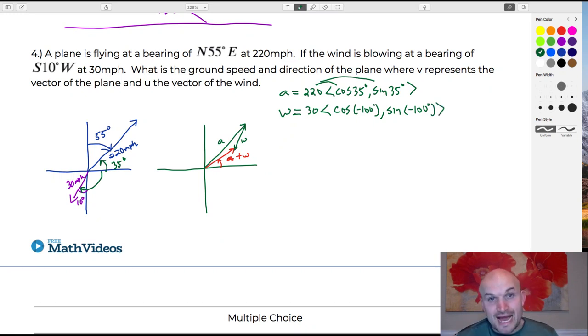Okay, so now to find the resultant, if you remember, the resultant vector is basically the combination of your first components and your second components. So that's what I need to do. I need to figure out what A plus W is.